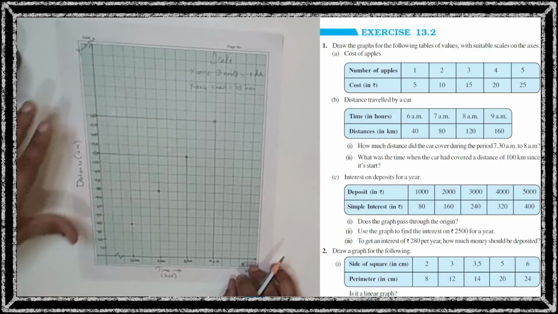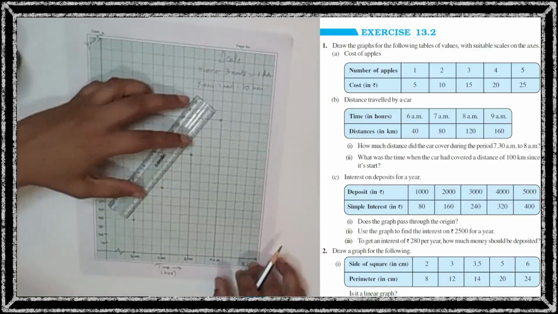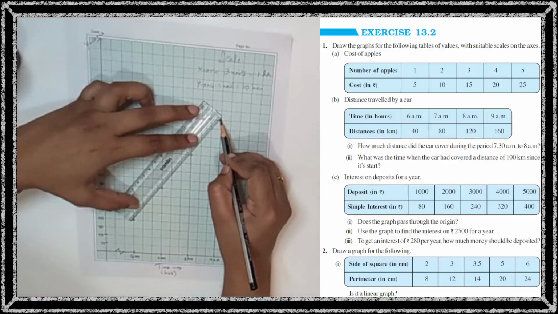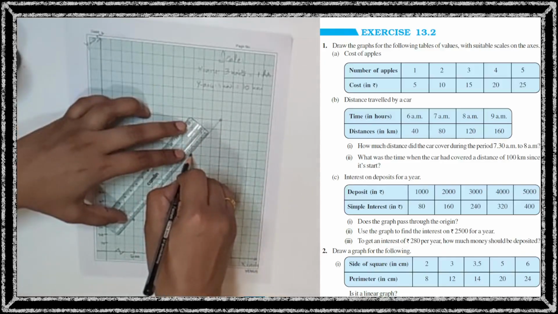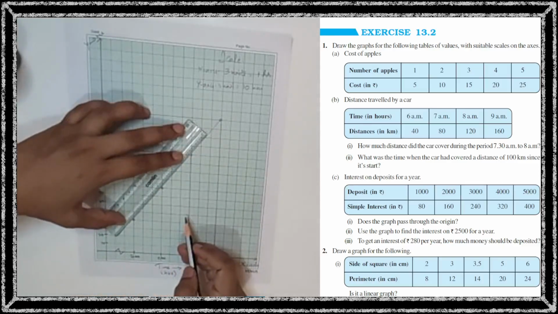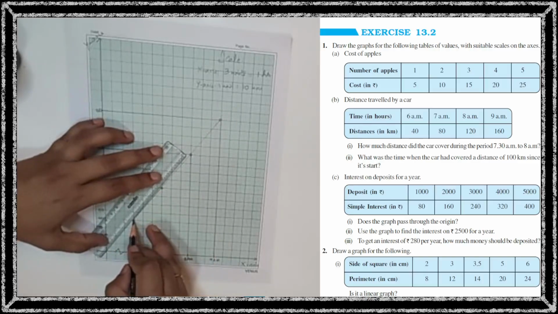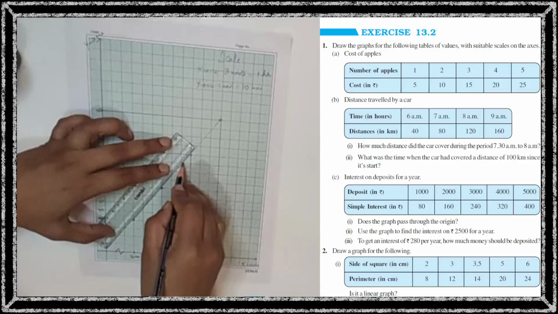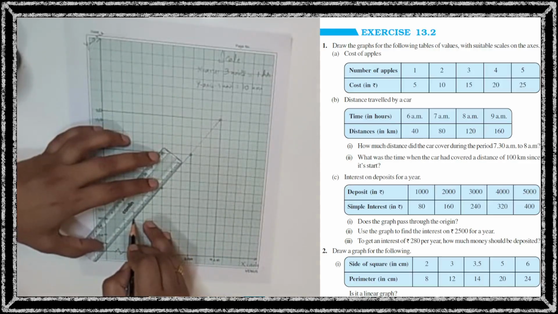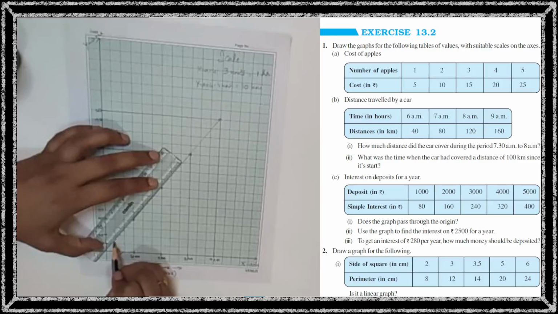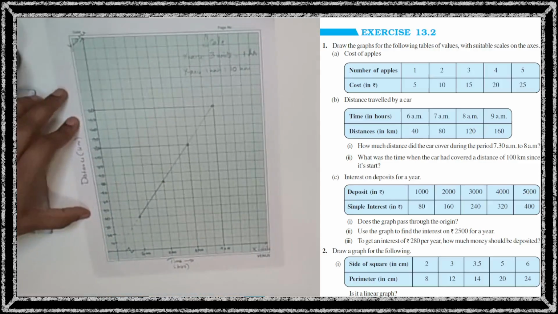Now these are the 4 points. If I join them, you will see that again what you get is a linear graph. This line graph is linear because it's not broken at any point, right? So that is your second question.